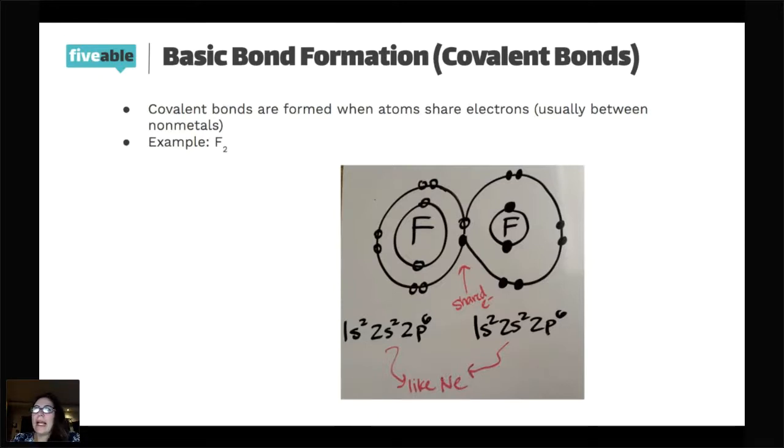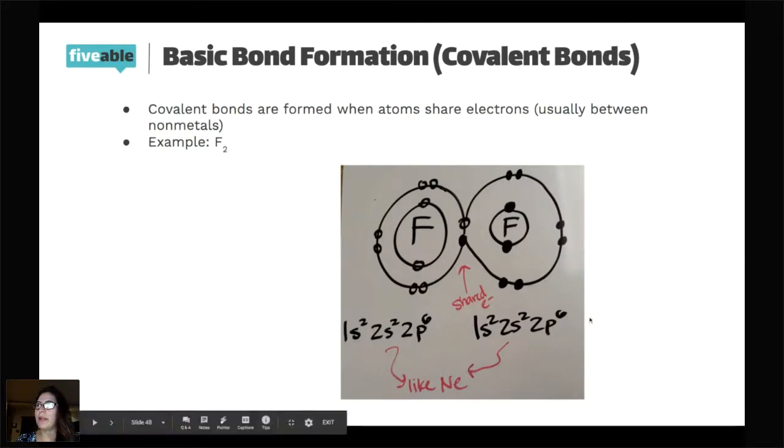Okay. Fluorine, F2, is a set of elements that are called diatomic elements. Diatomic elements are the ones that in nature always exist combined in pairs. And this is the reason they're more stable together than separate.